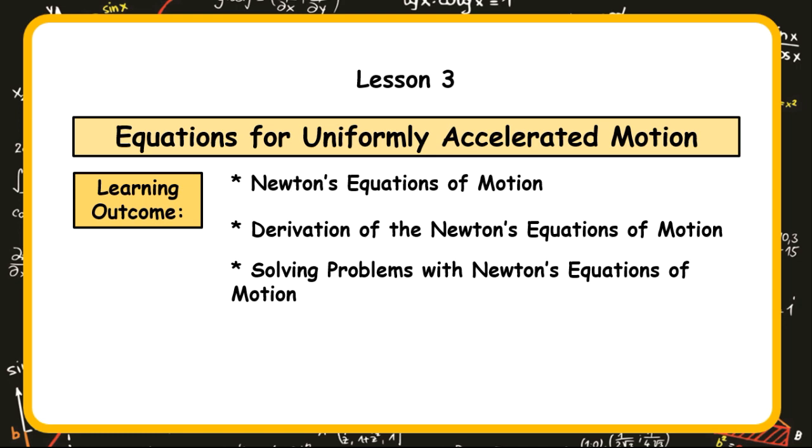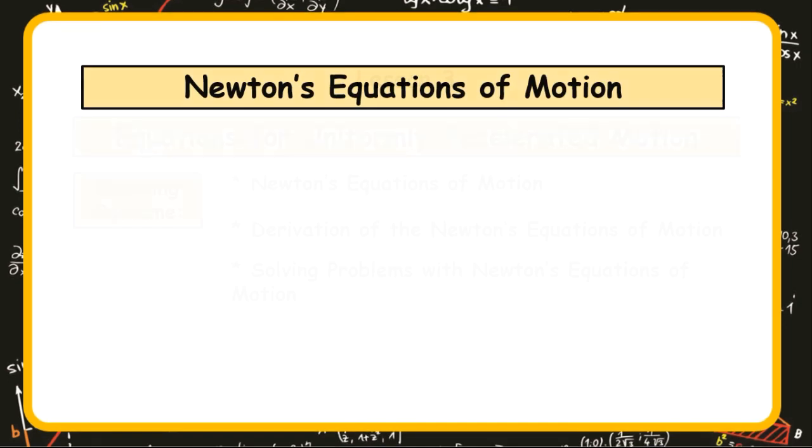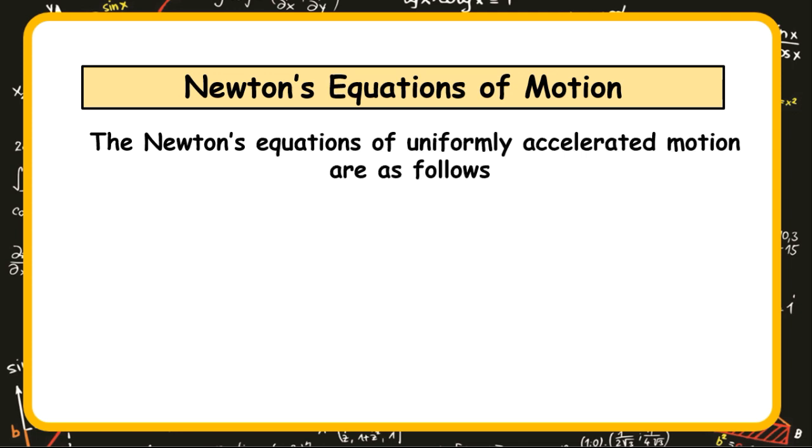Let's start with the first one, and that is Newton's equations of motion. The Newton's equations of motion were gifted to the world by Sir Isaac Newton. And these equations for the uniformly accelerated motion are as follows.